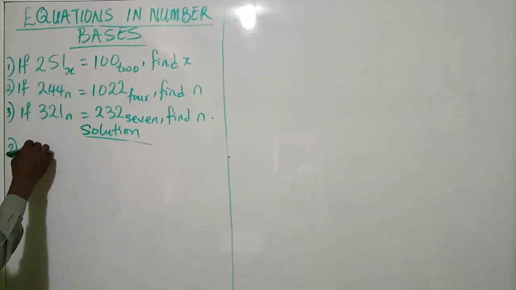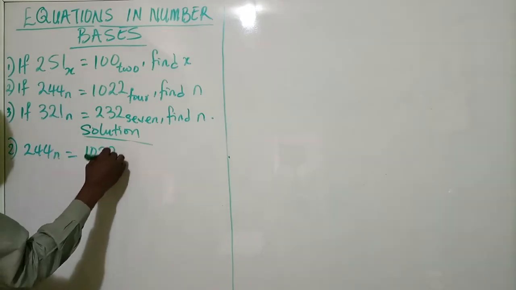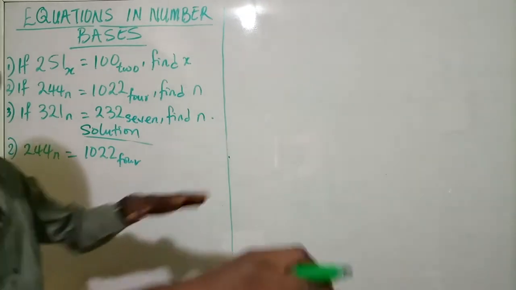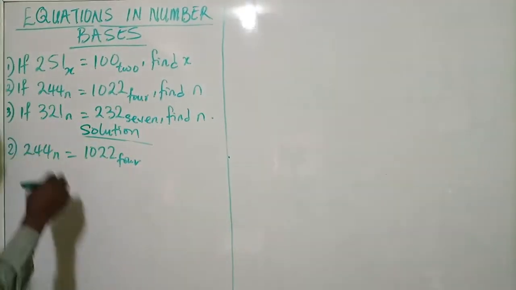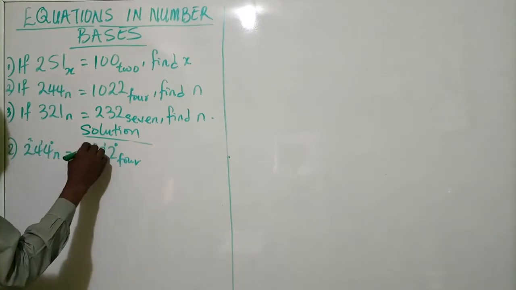That is 244 in base n equals to 1022 in base 4. Again, what do I say? You will convert both the right hand side and the left hand side to base 10. So how do we do that? 0, 1, 2; 0, 1, 2, 3.